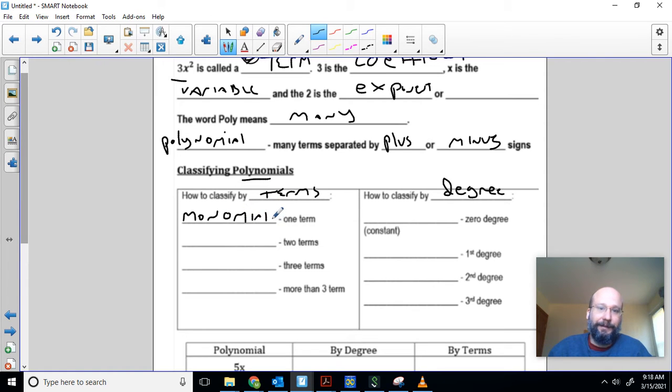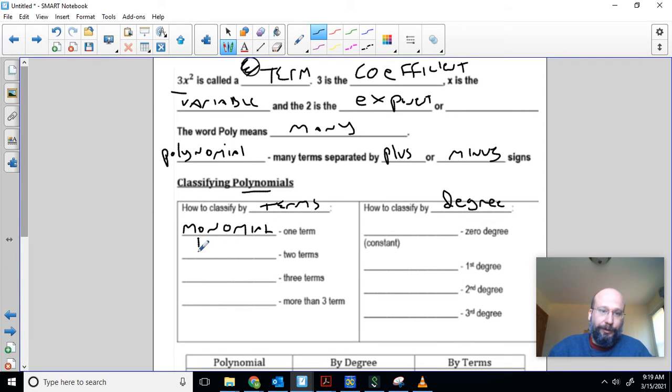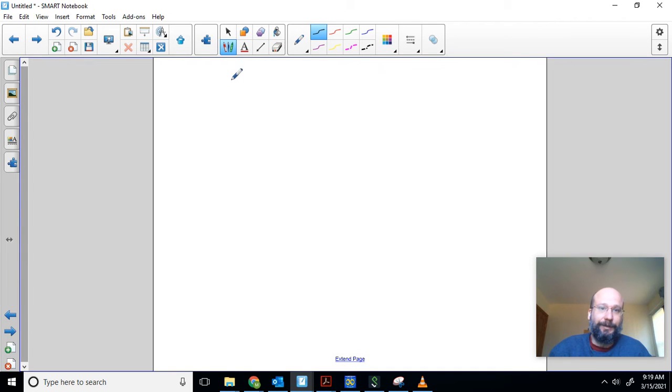It has the prefix mono, which is one. All of these that we did would be monomials because they're just one term. Something with two terms is a binomial. Bi is a prefix for 2. So 2x plus 4 is a binomial because there are two terms. X cubed minus x squared is a binomial because there are two terms.